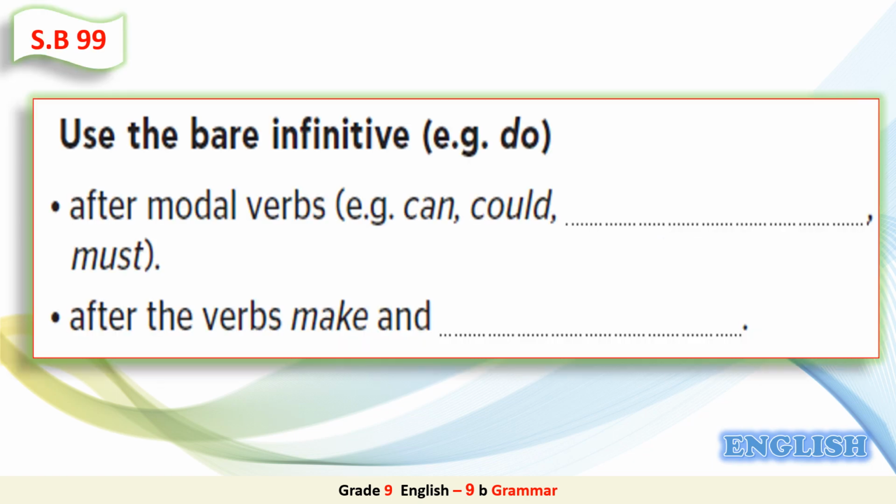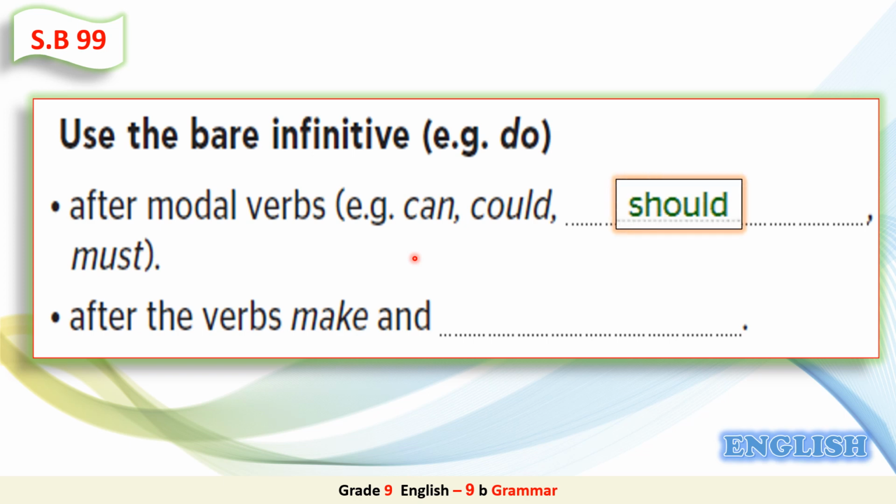Now, again, Students' Book, page 99, let's go to the bare infinitive. For example, do. Base form without using to. For example, we use the bare infinitive after modal verbs. For example, can, could, what else? What other modal verbs do we have? Excellent.